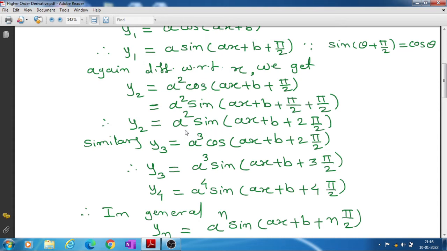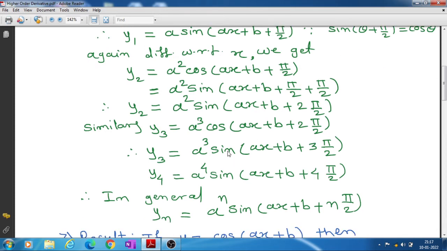So multiplying a² by a becomes a³, and the derivative of sin is cos(ax + b + 2π/2). Again we use the formula cos θ = sin(θ + π/2). So instead of cos, if we write sin, then here we must add π/2. Therefore this becomes a³ sin(ax + b + 3π/2).